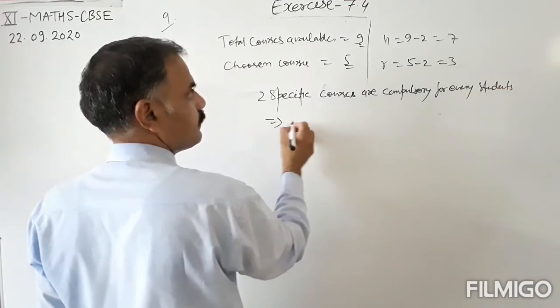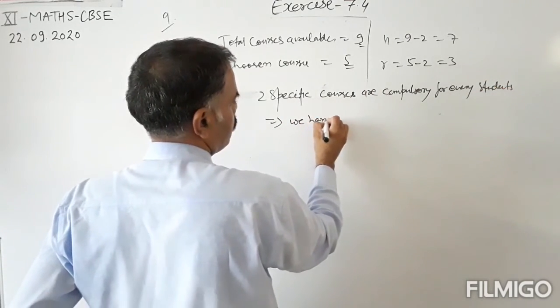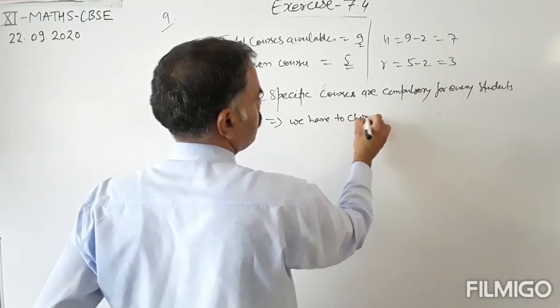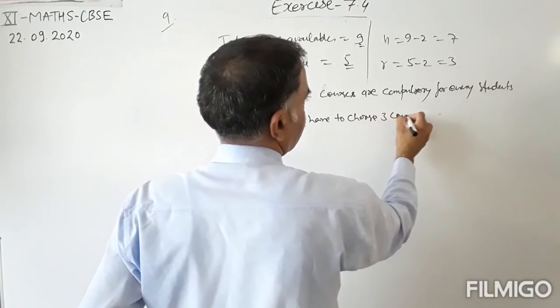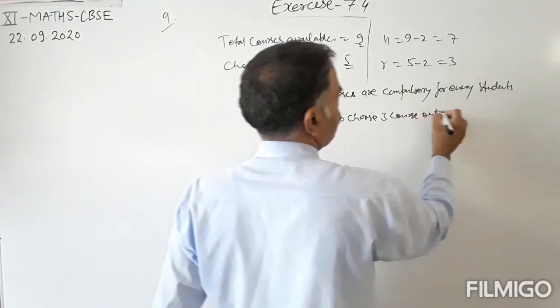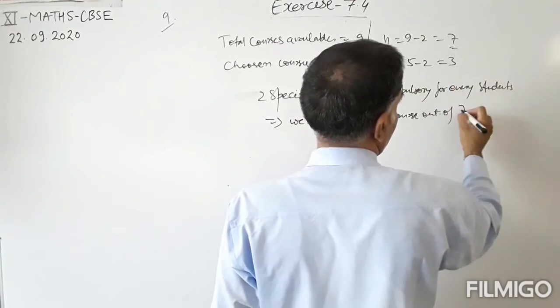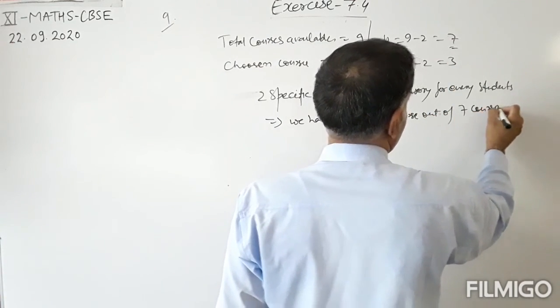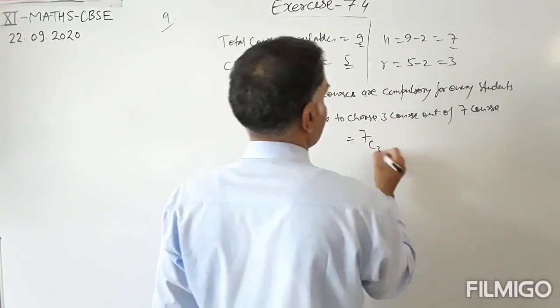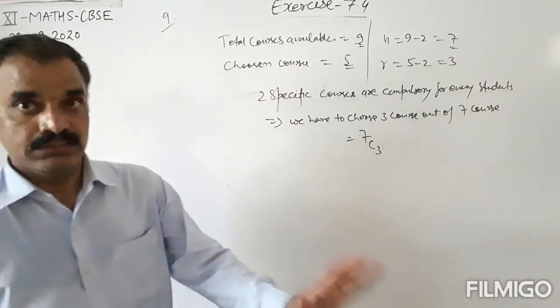Okay, so we have to choose 3 courses out of 7 courses, that is 7C3.